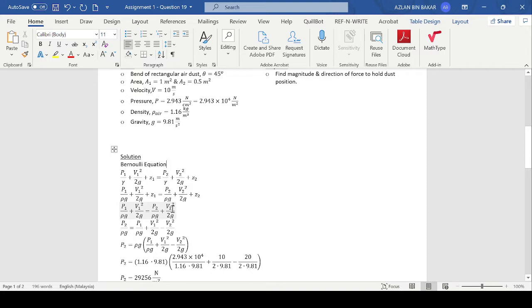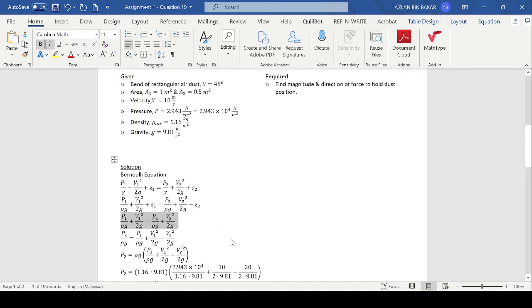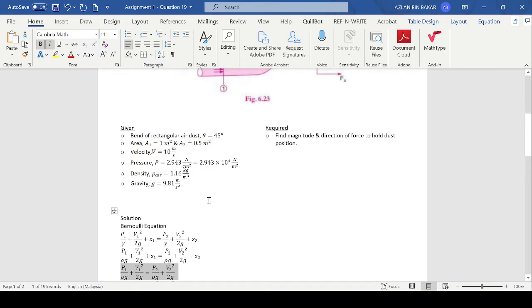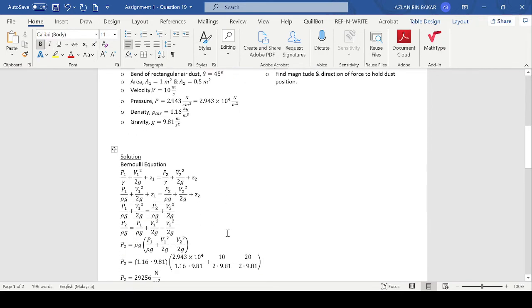After we discard the elevation, we will get this kind of formula from the Bernoulli equation, and then from this formula we put the given numbers into it.